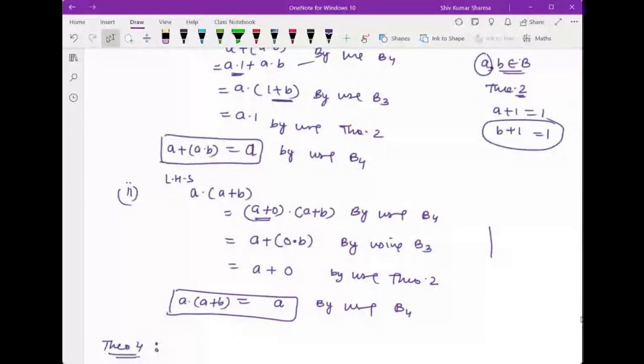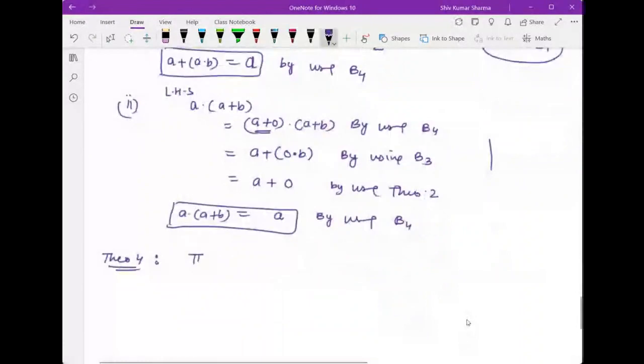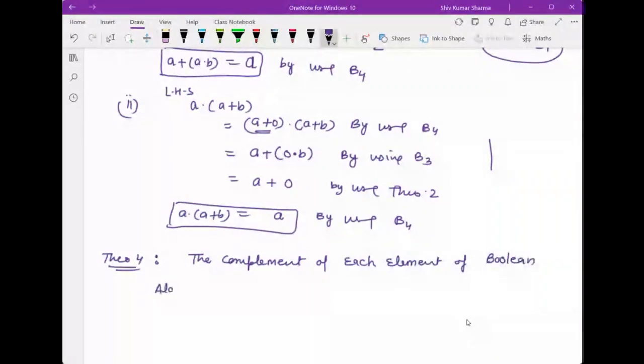Theorem number 4: the complement of each element of Boolean algebra B is unique.